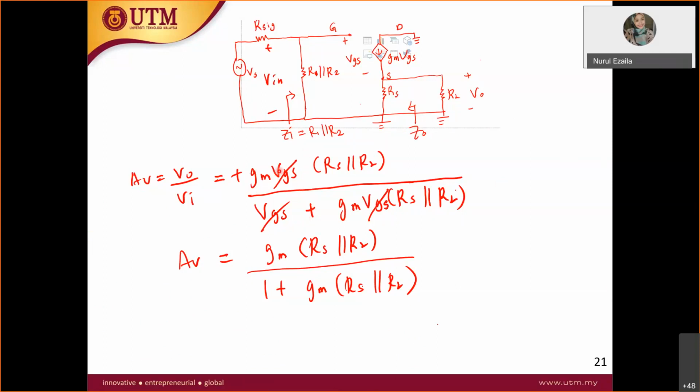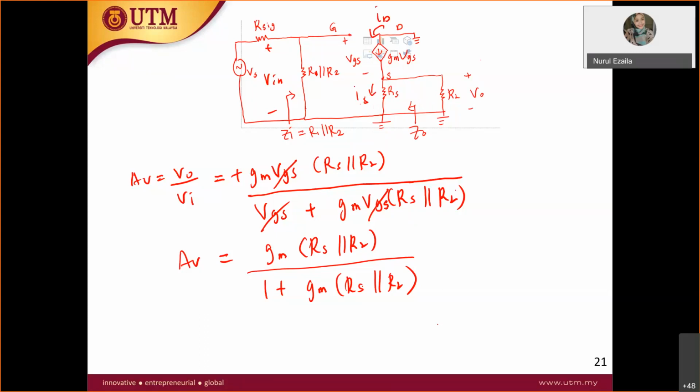Same goes to the common collector. You take the current from the GM V pi. Why I out is equal to the V out: because if you parallel these two resistors, it will become one resistor. So the current at this V out resistor, RS parallel RL, is IS, right? So here is ID, here is IS.